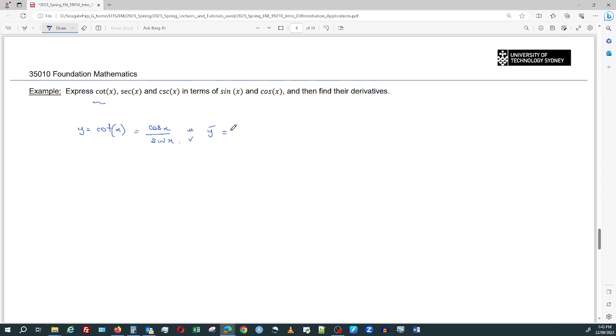Okay. So go through and do it. Derivative, sine is cos, derivative cos is minus sine. So then you go and put it out, minus sine x times sine x.